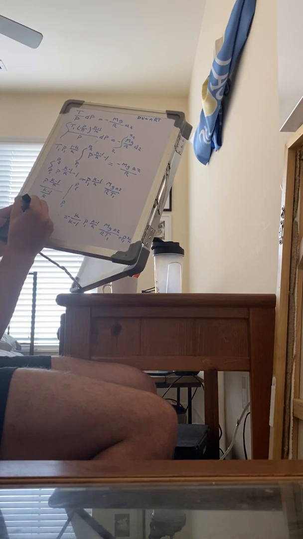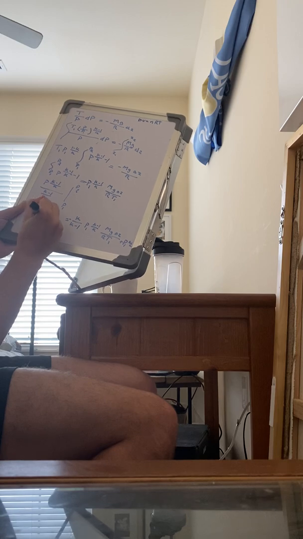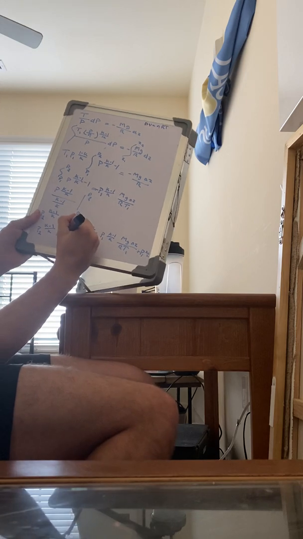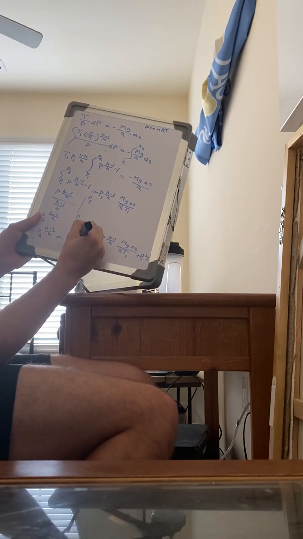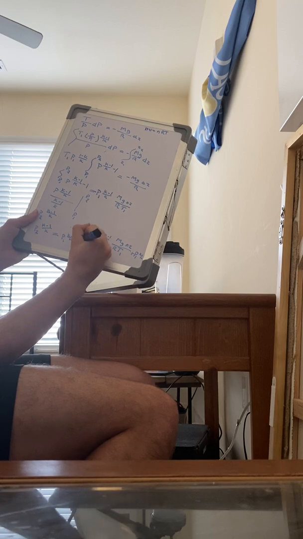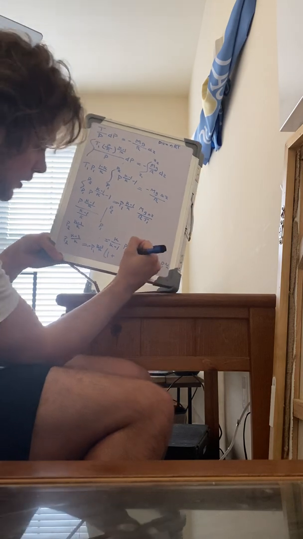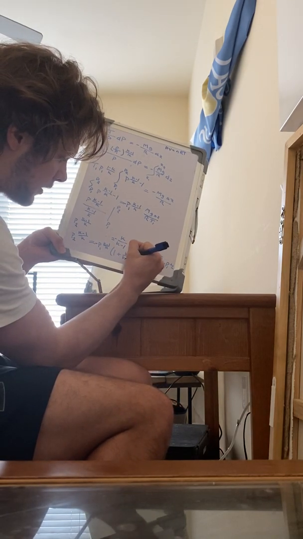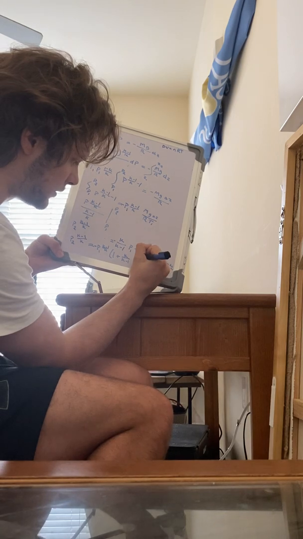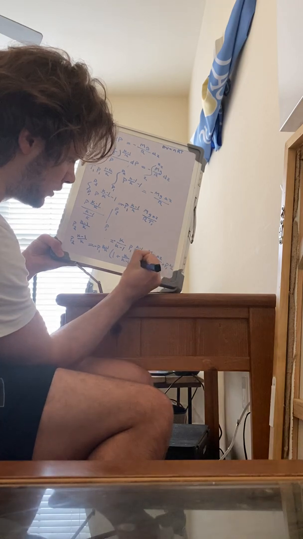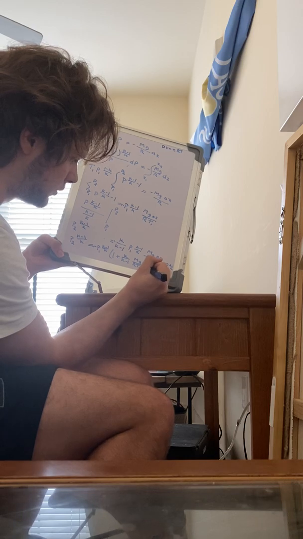So I get P2 to the K minus 1 over K is going to equal P1 to the K minus 1 over K times 1 plus, this is a negative, plus K over K minus 1 times mg over R T1 delta z.